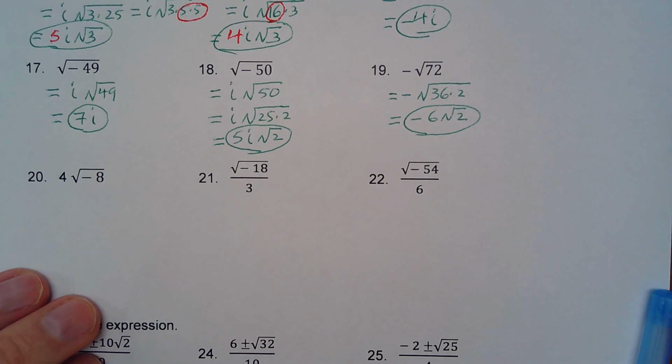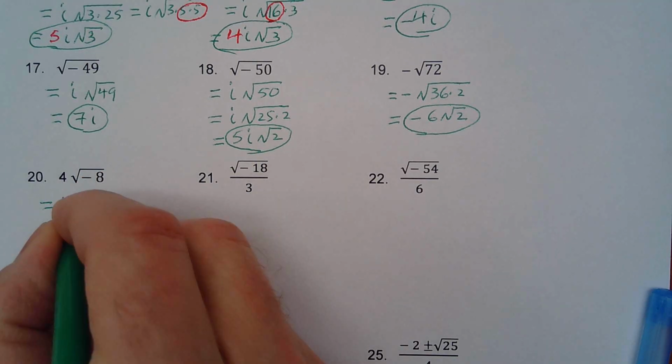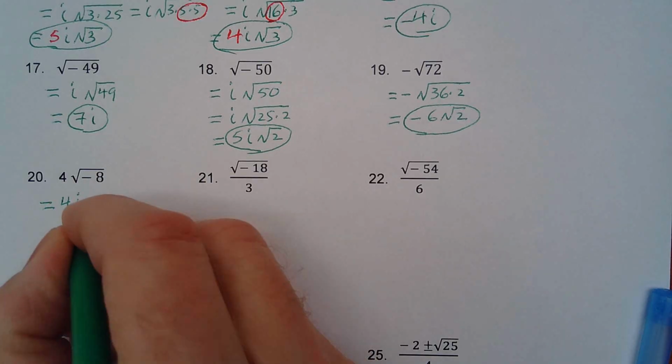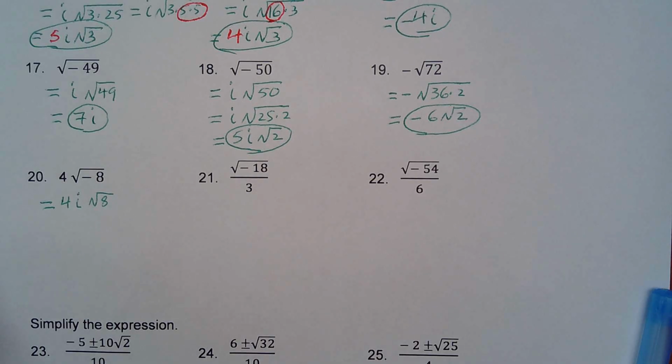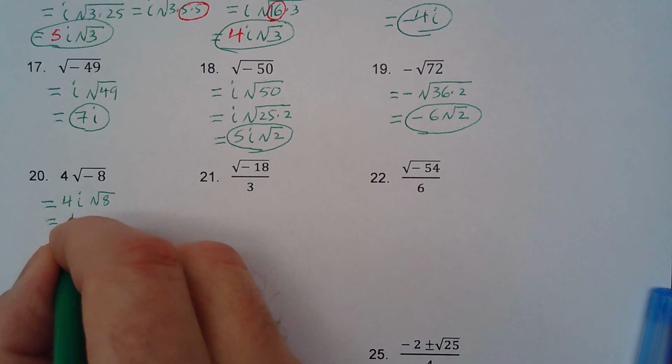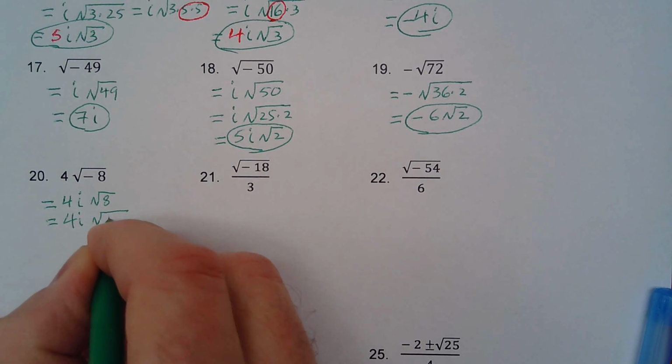Now if we look at number 20, I'm going to write that square root of negative 8 in terms of i. Now the square root of 8, well, 8 is just 4 times 2.